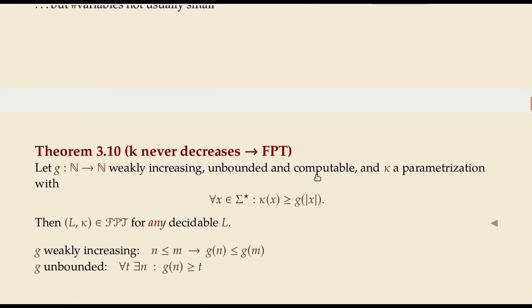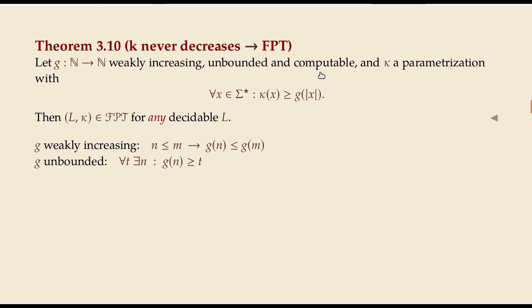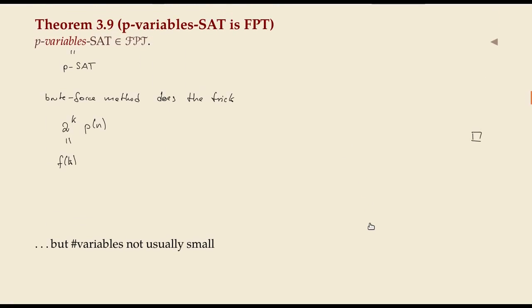And in fact, there's a general theorem that tells us a bit about the corner cases of this FPT class and guides us towards sensible parameter choices. So the point, let me stress this maybe once more.